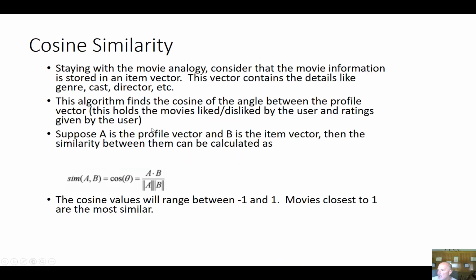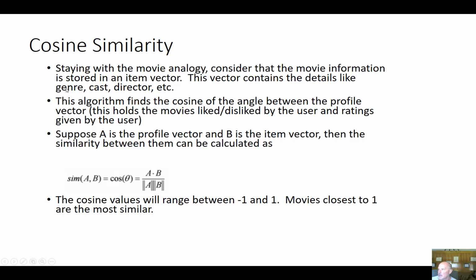All right, and then cosine similarity. It's a little bit more complicated, but again, it's used a lot in text analytics as well. With the movie analogy, it's stored in an item vector. This vector contains all the details, like the different dimensions, right? Like genre, cast, director. And so the algorithm finds the cosine of the angle between the profile vectors, right?